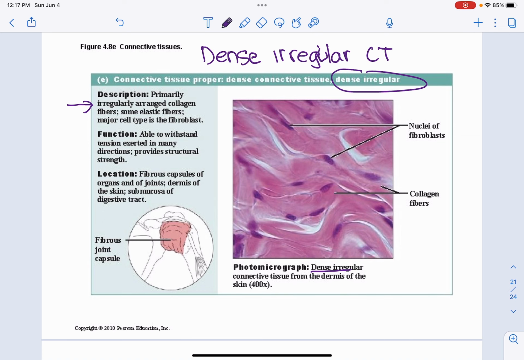So you can see the collagen fibers kind of going in multiple directions rather than all in the same direction. Their function is to be able to withstand a lot of tension that is exerted in many directions. You can find them in the joints, organs, so capsules in organs and joints. You can also find it in the skin and places like the digestive tract.